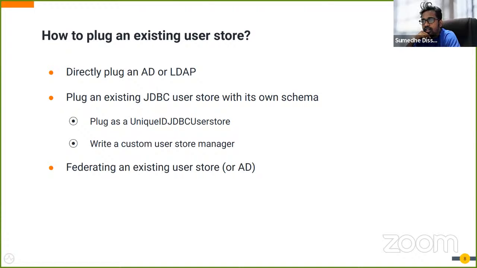Otherwise, you can create your own user store manager by extending our class, and plug it into your existing user store that way. I will show a demonstration of how to connect a JDBC user store. The other option is to connect it as a federated identity provider. That is also one way of connecting your existing user base with WSO2 Identity Server.